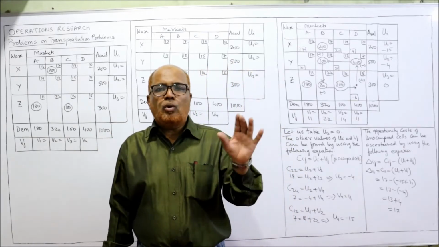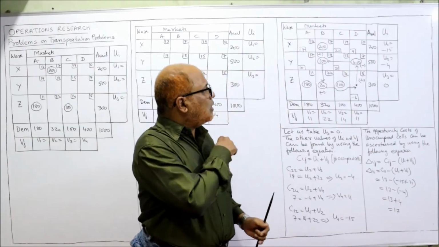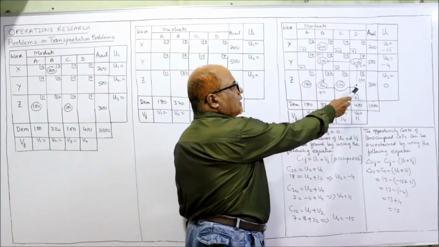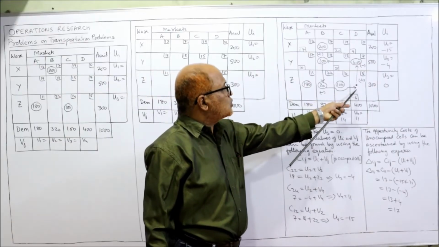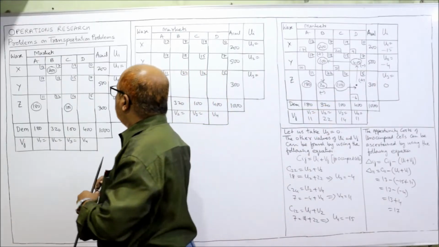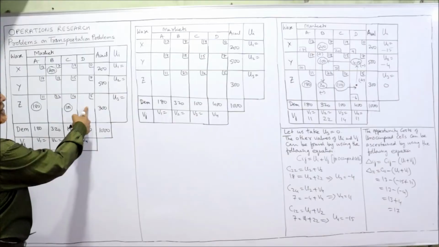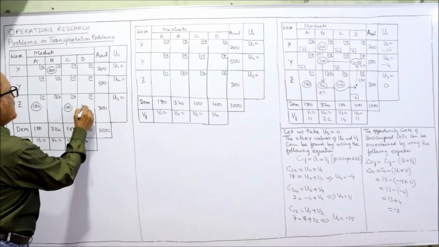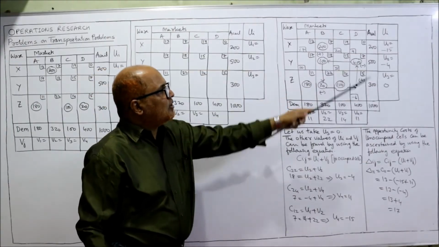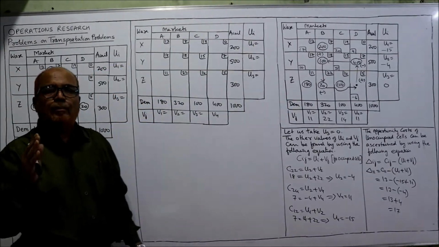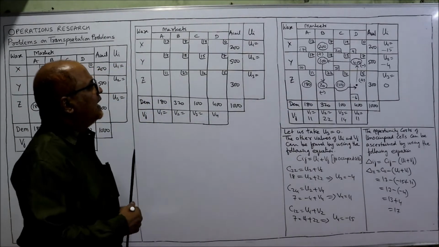The changes will be there only in the loop. So in this cell, it was empty earlier, now plus 20. So I am making here plus 20, in this cell. So here 20 allocations, right? Now here 400 was there. So 400 minus 20, 380.